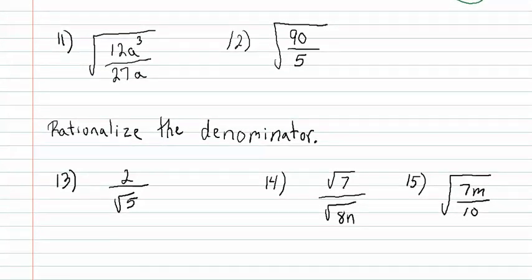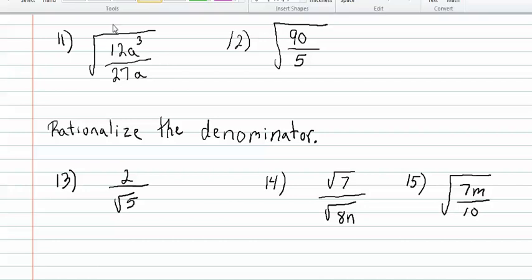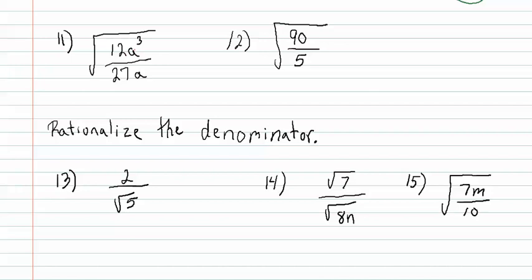Number 12. Okay, so now, can I simplify what's inside of here? Because I don't see a perfect square there nor there. Let's go ahead and simplify 12 and 27. Can I divide each of these by a 3? Can I take a 3 out of the 12 and make it 4? Can I take a 3 out of the 27 and make it a 9? Can I also make the top by subtracting and make this an a squared?